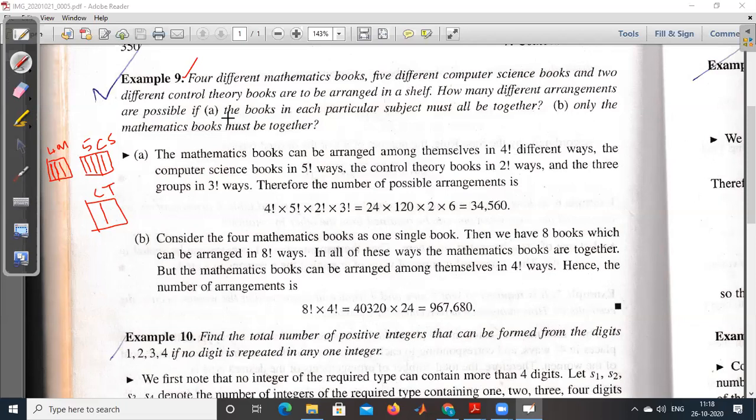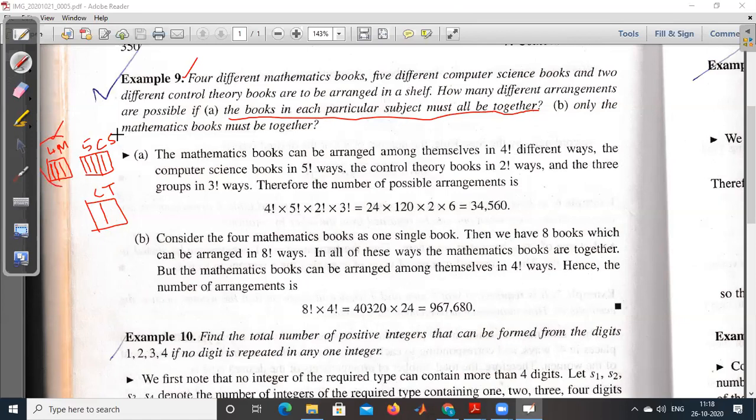The first one: the books in each particular subject must be all together. So these are 4 different math books, and all these math books must be together.